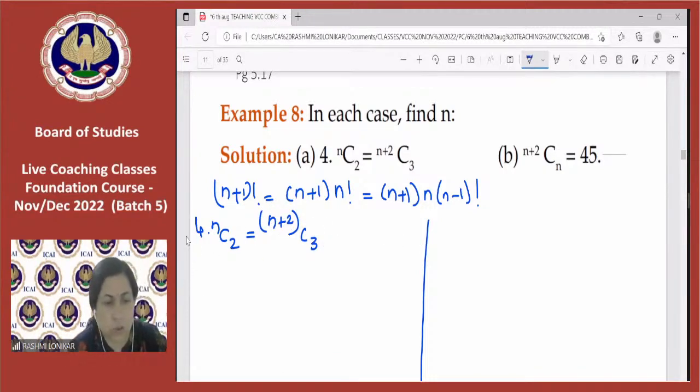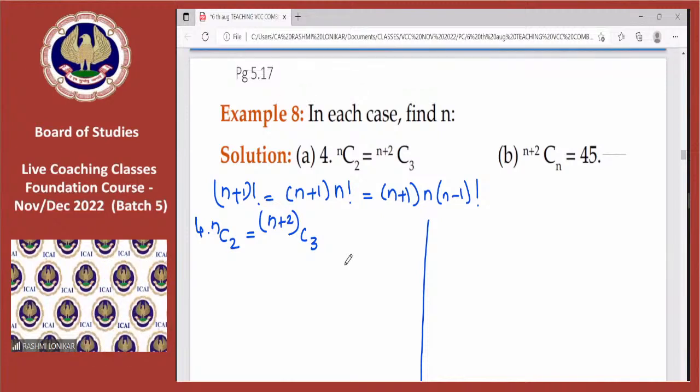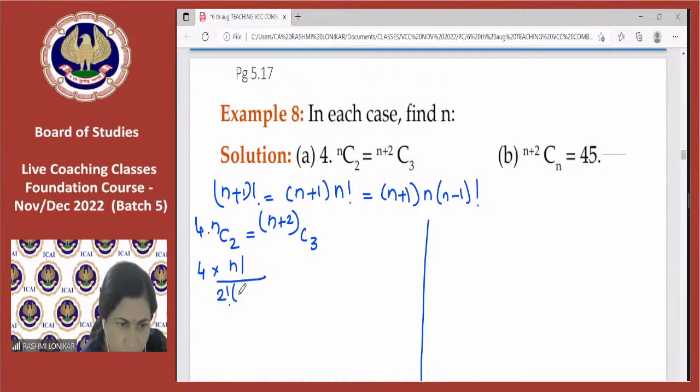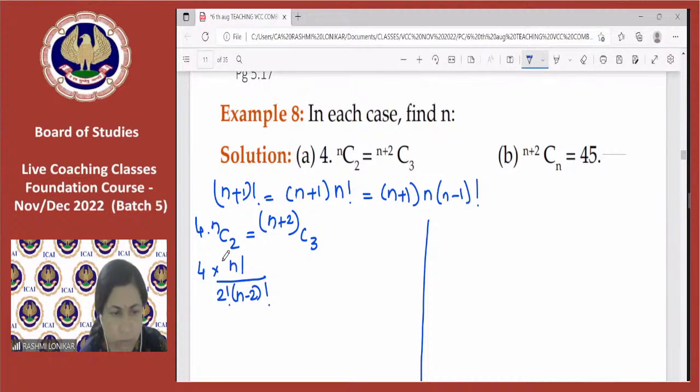Okay. So what will happen over here is, yes, Rahul, good. You got that. This is simple, beta. There is nothing to worry about. So this is 4 into n factorial upon 2 factorial into n minus 2 factorial. Okay, 4 into n factorial into 2 into n minus 2 factorial.